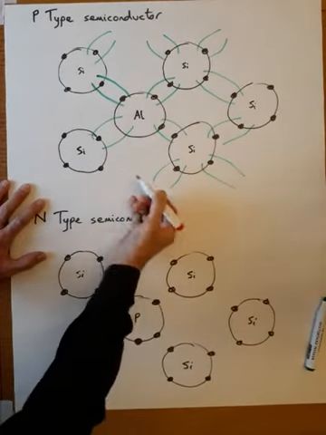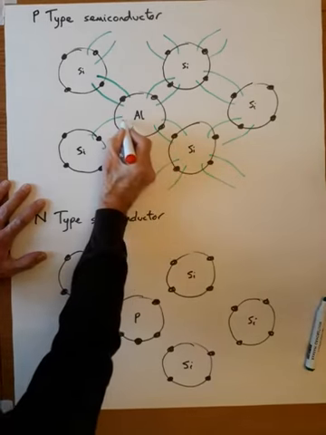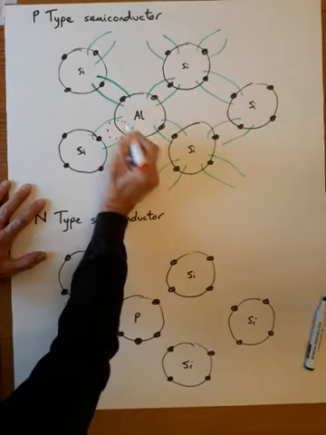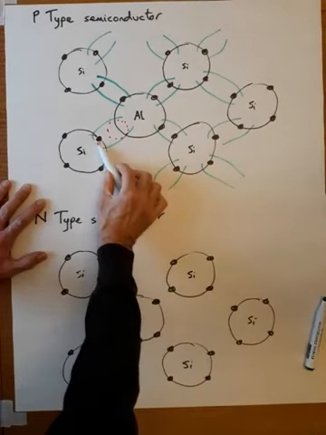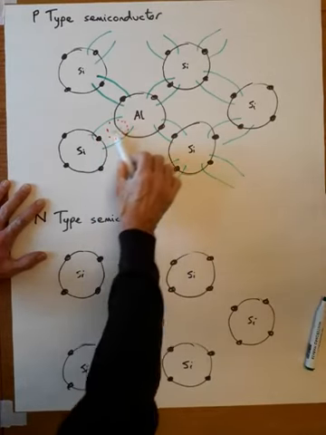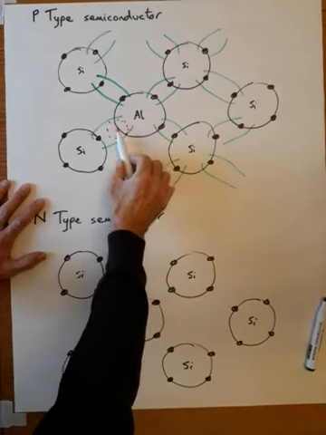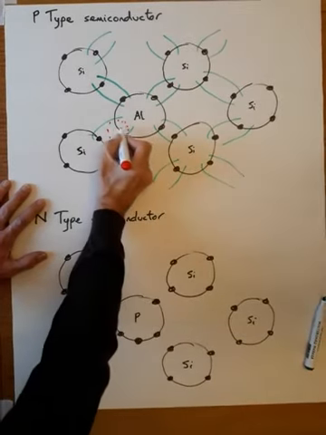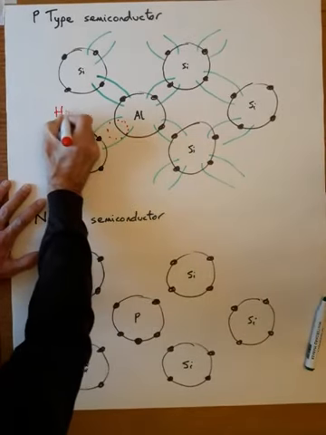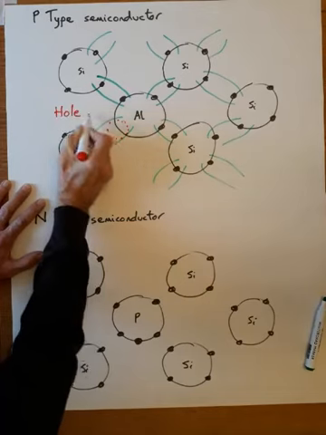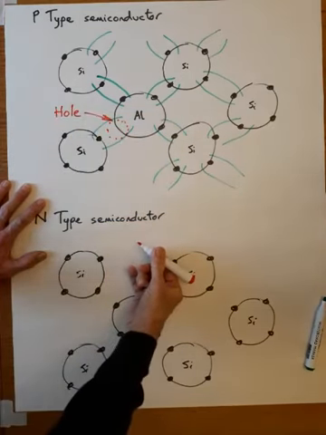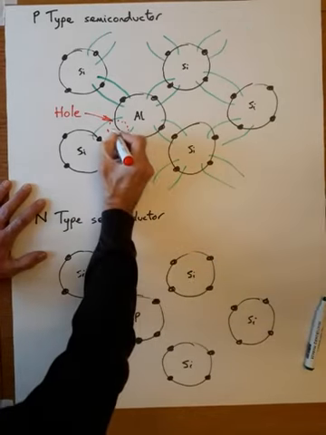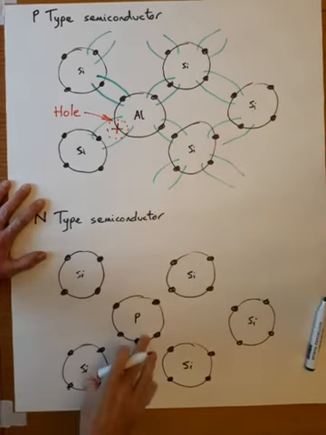Aluminium has only 3 electrons in the outer shell, so here there is something missing, and this particular atom cannot form a covalent bond and it cannot link up. What we've created here is a hole, and if you recall from basics in previous parts of the course, a hole has a positive charge.